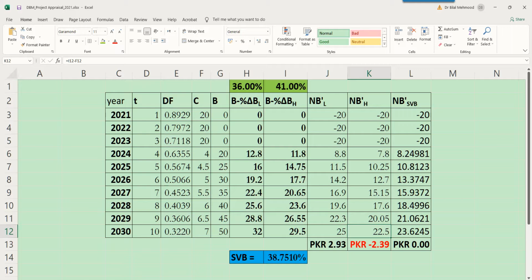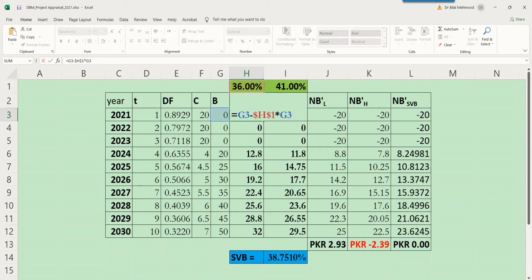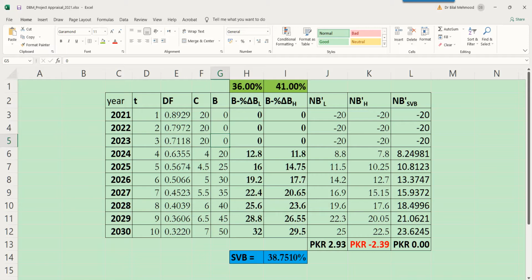So 36% change or decrease in the benefits is being calculated here. As you can see, the benefits' original value, and 36% of the benefits' original value is deducted from it, and we will get 0 because it is already 0. So for this it will remain 0 all these 3 years. But here you can see that 20 becomes 12.8, and that is true because 36% of 20 is subtracted from it.